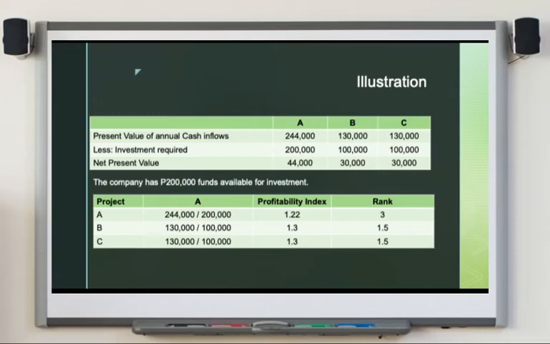However, B and C have a total of 200,000 as well, but each 100 will earn a total of 1.3%. And adding that to the possible cash return would be higher than 1.22.